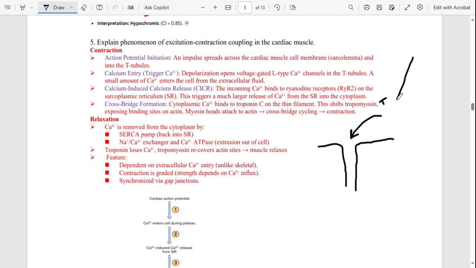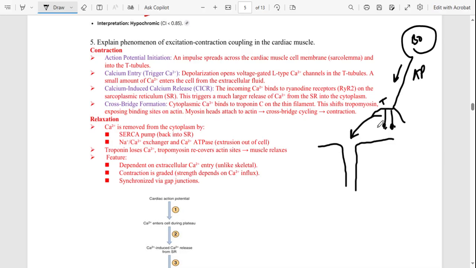And then you can have a nerve. Let's say these are the dendrites of a nerve. For this nerve, the action potential is going to start from the body. This is the body. The action potential is going to spread, and once it spreads, it is going to come here.